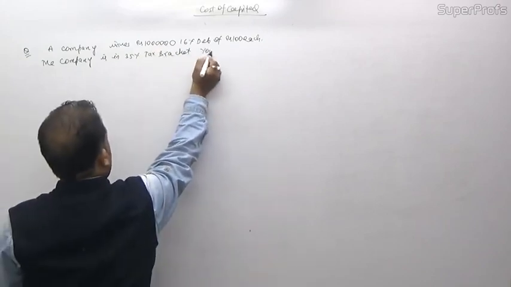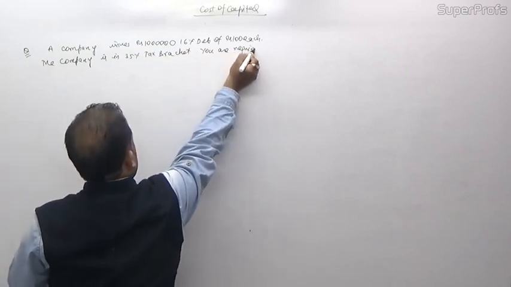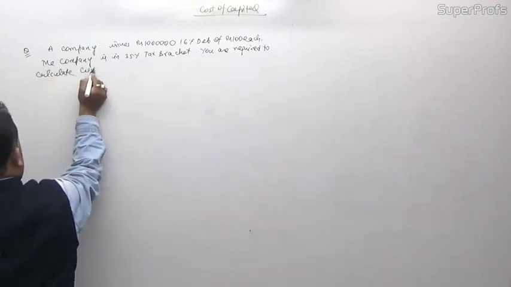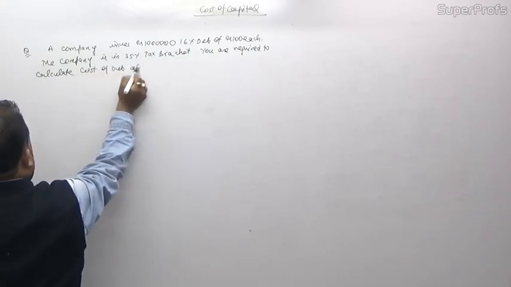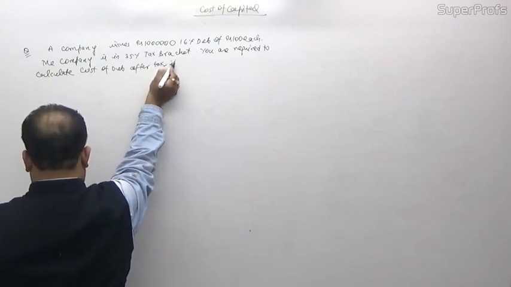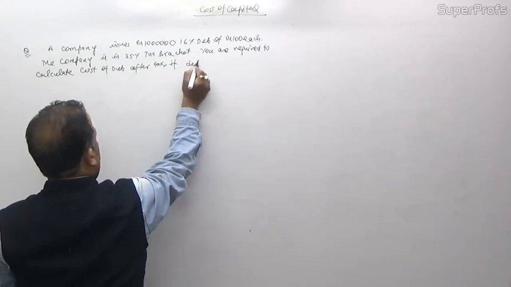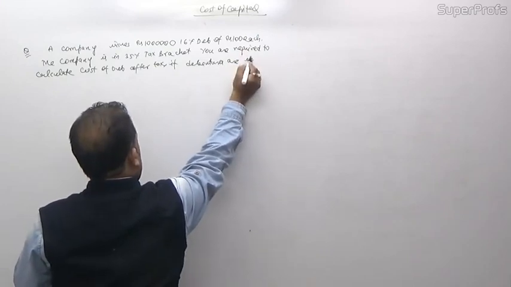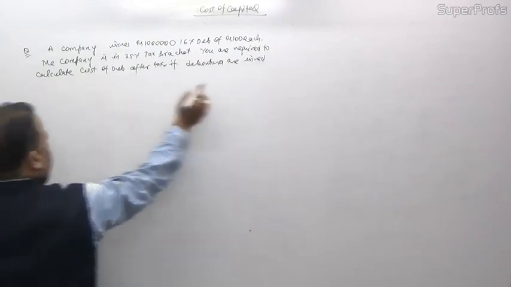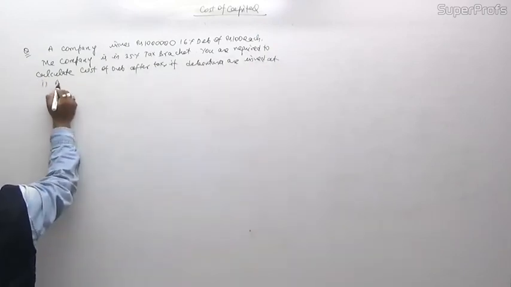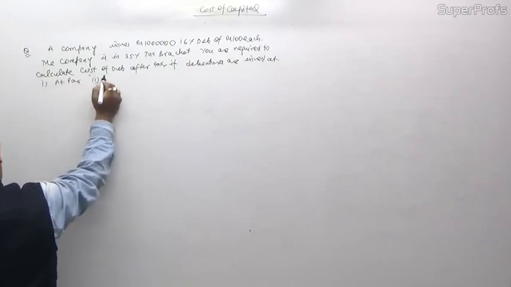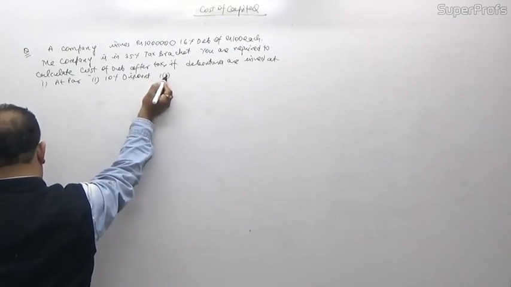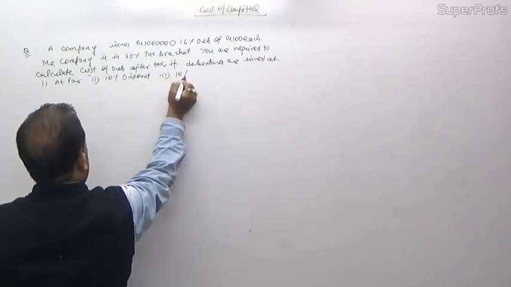You are required to calculate the cost of debt after tax if debentures are issued at number 1, par; number 2, 10% discount; number 3, 10% premium.